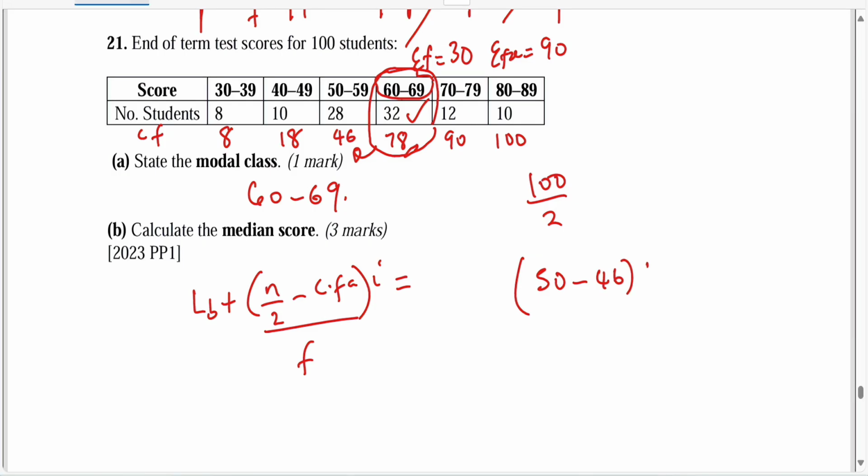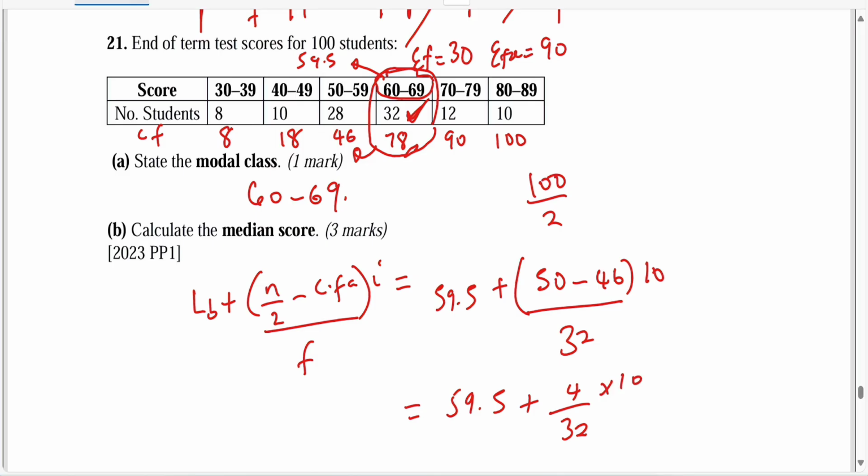Those are 10 numbers. Divide by f, your number of students, which is 32, plus lower boundary. Your lower boundary is not 60 but 59.5. 59.5 plus 4 over 32 times 10.